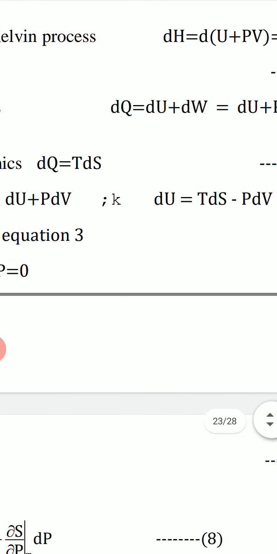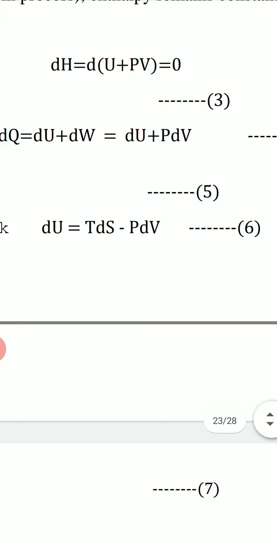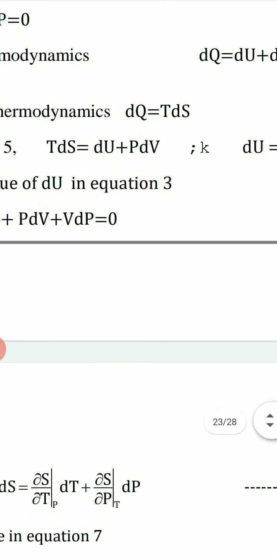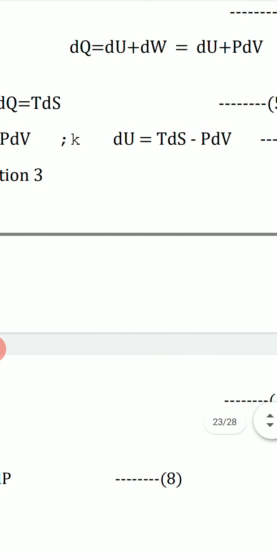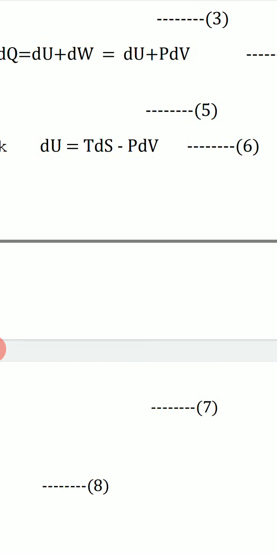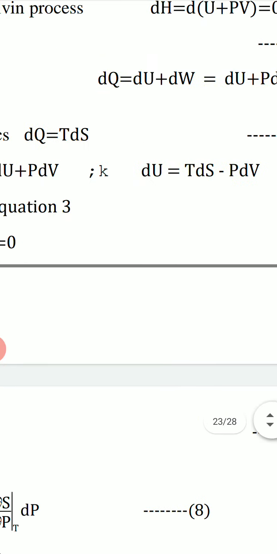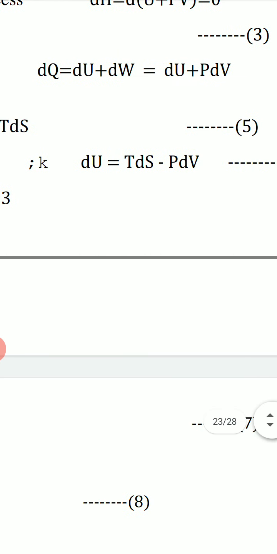If we write dQ equal to TdS in the first law, we get TdS equal to dU plus PdV, and dU then becomes equal to TdS minus PdV. So we find the value of dU, which is TdS minus PdV, using the first and second laws of thermodynamics.